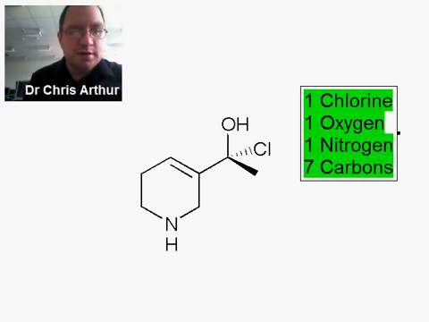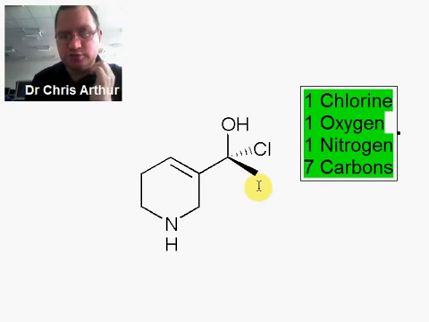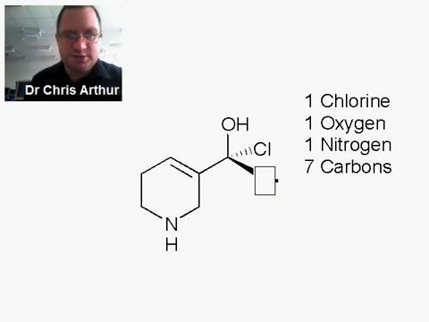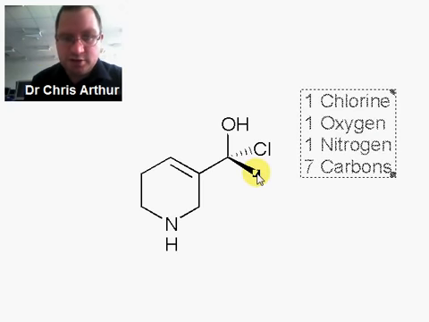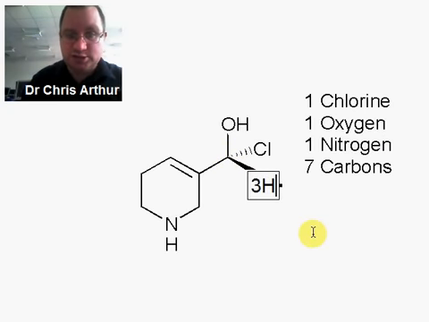Now we're going to count the number of hydrogens, and I'm going to annotate this diagram as we're going, just so that we don't forget where we are. So this carbon here has 1 bond drawn to it, so that means it's got 3 hydrogens attached to it.